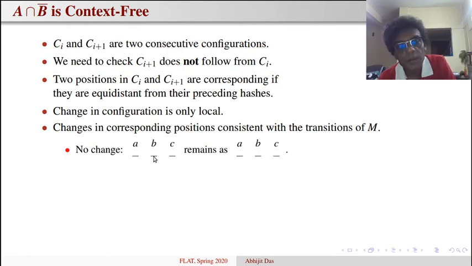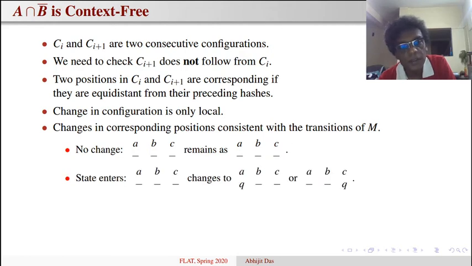That means A, B, C, underscore, underscore, underscore remains the same as A, B, C, underscore, underscore, underscore. That means the head is somewhere else and some transition is happening there. This part is unaffected. No problem. So this is a consistent change.